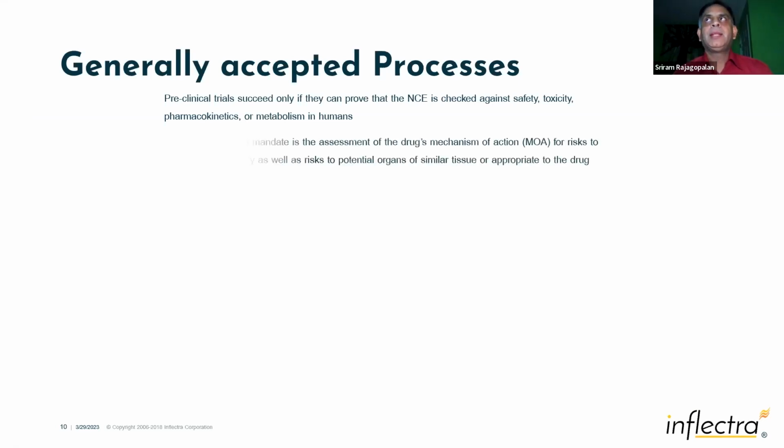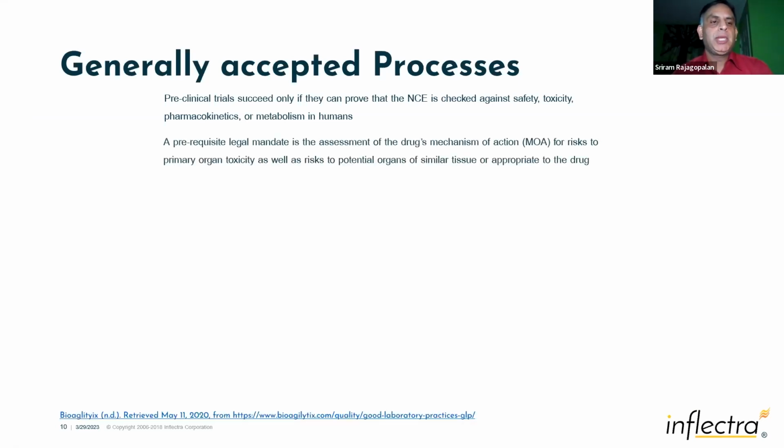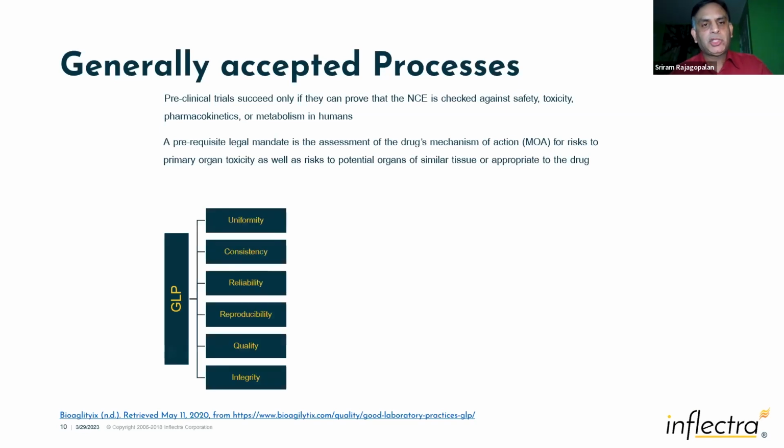The second one is some of the prerequisites for the legal mandate: making sure that all the organs are still working fine, and that the primary organs like heart, lungs, and kidneys are not getting any adverse impact. That means if they're not able to perform after the drug was given, then you are creating more problems than actually helping. So those are the things that came up, and as a result, GLP, which is good lab practices, came in.